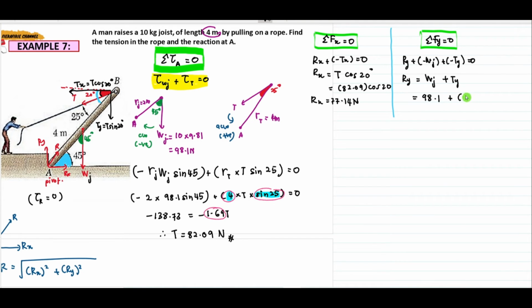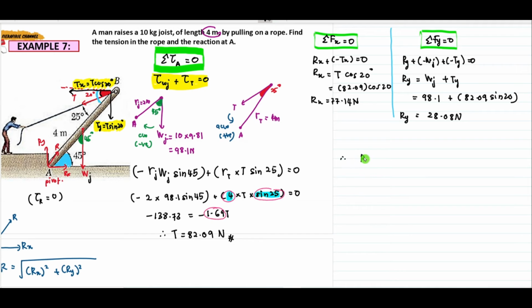So T sin 20, T we got earlier as 82.09, sin 20. If you cannot see where the sin 20 is, here is what I resolved earlier, Ty. Here is Tx. Okay, so press the calculator. So Ry is equal to 28.08 Newton.